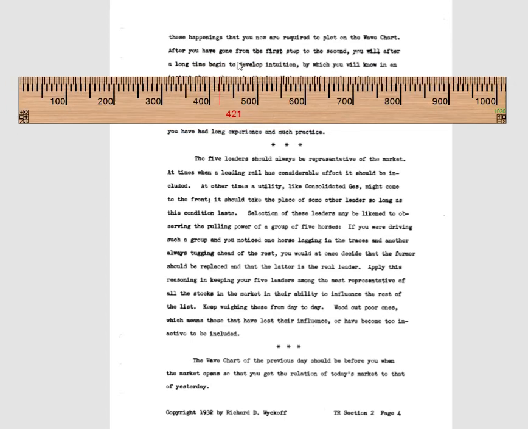And this is the whole point, because as you're using the wave chart, it's actually a tool for you to develop intuition. This is what people don't understand. They think that the wave chart in itself is the answer, meaning you need a wave chart of leaders that will somehow lead the market.